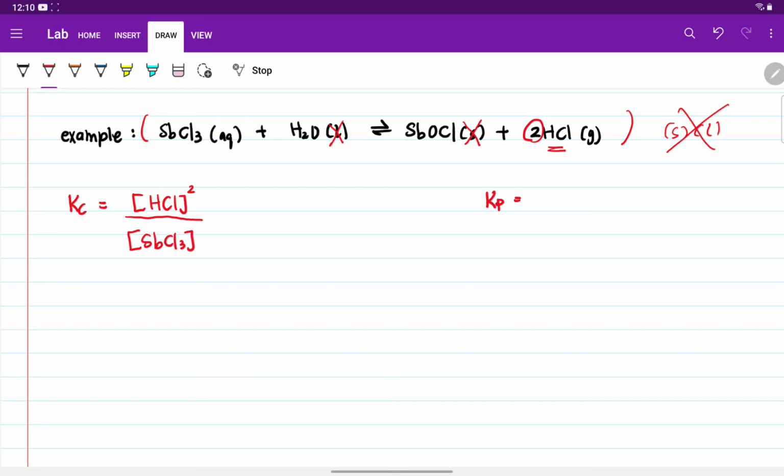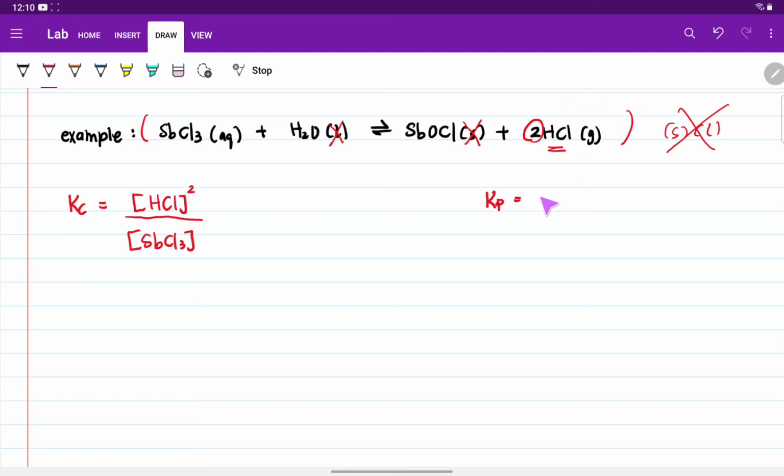Okay, now, kita pergi pula kepada Kp expression. So, ingat, Kp expression untuk gas sahaja. So, check. Do we have gas over here? Okay, so, kita ada gas. Gas kita tadi adalah apa? Okay, HCl dekat sini. Katakan saya letak kat sini, HCl adalah gas.